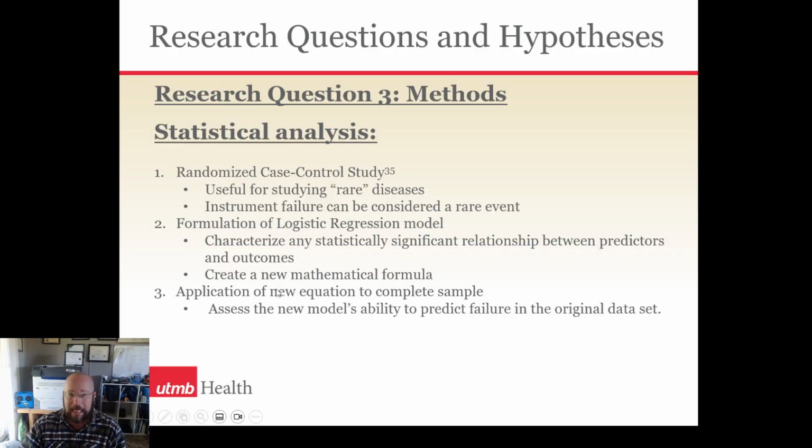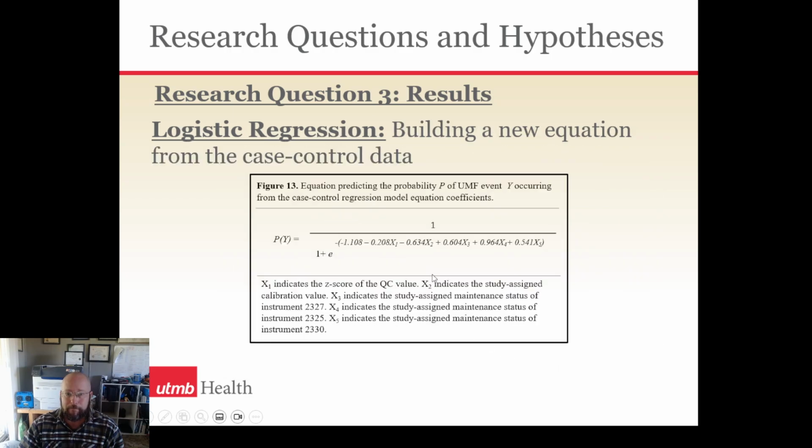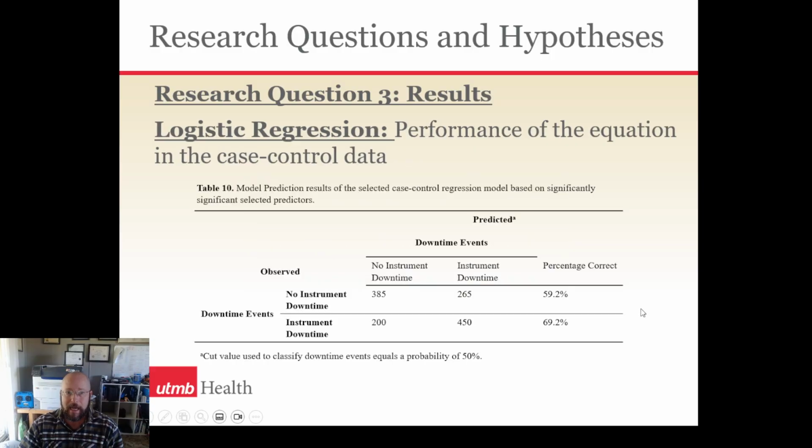Then we applied that equation back to the original data set to see if we had better luck predicting failures. And here is the logistic regression model. I'm not going to go over this, but you can see it looks very substantially similar to our previous model. Here's our equation that we developed from that case control data.